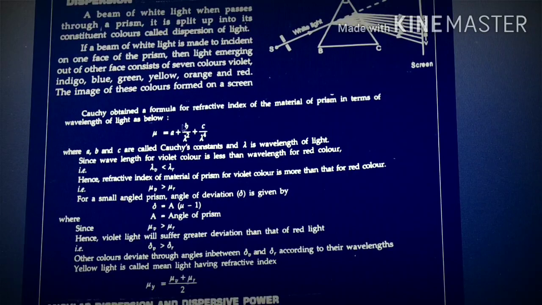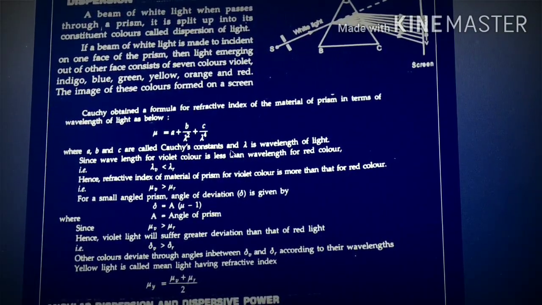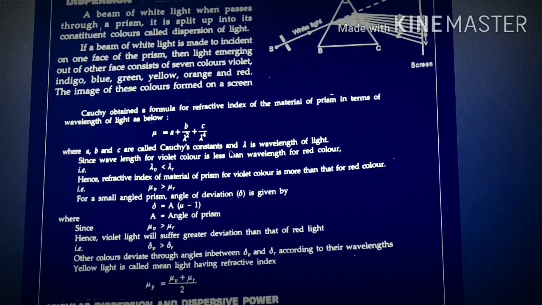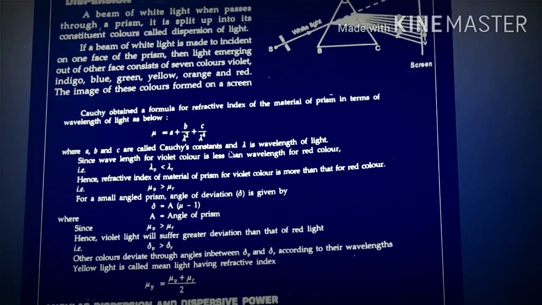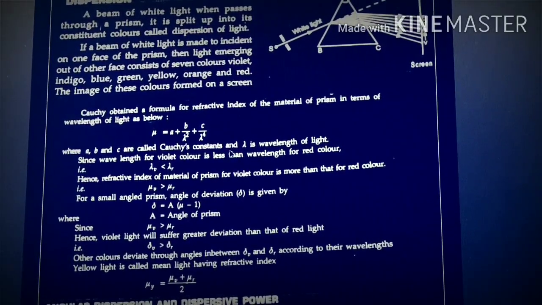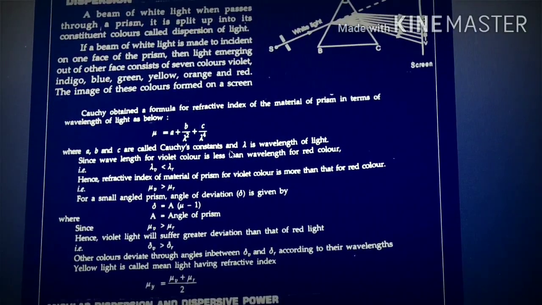Mu equals A plus B by lambda square plus C by lambda to the fourth. A, B, C are constants introduced by Cauchy, so they are known as Cauchy's constants. And lambda is the wavelength of light.